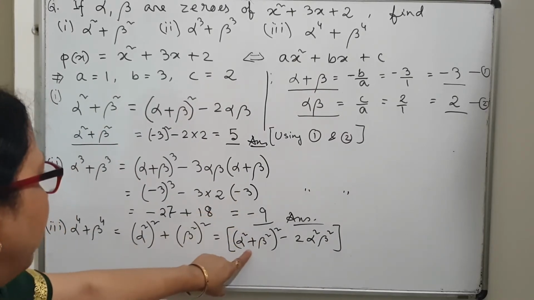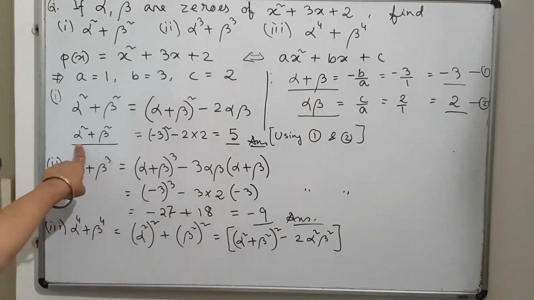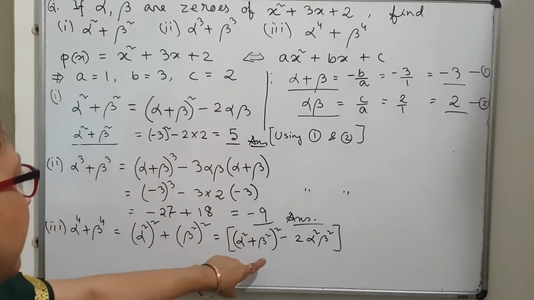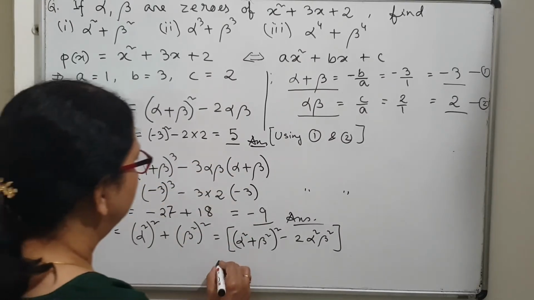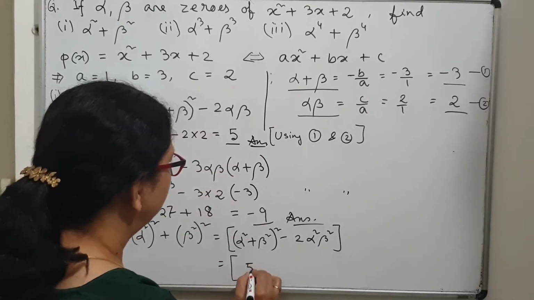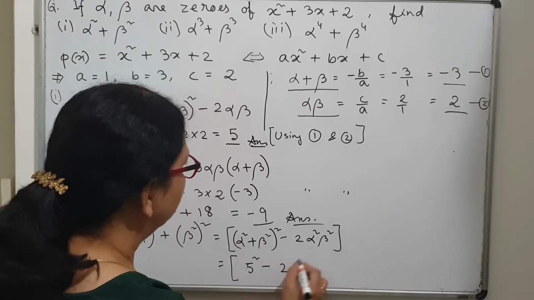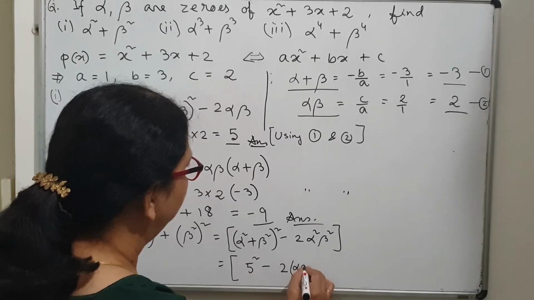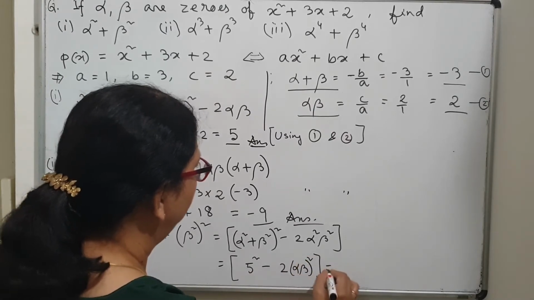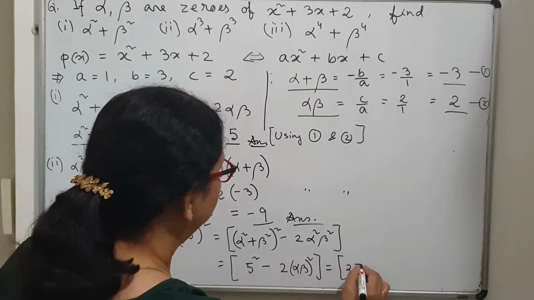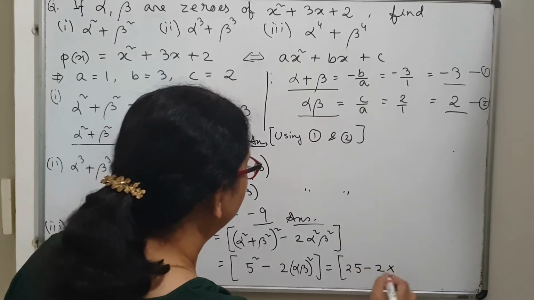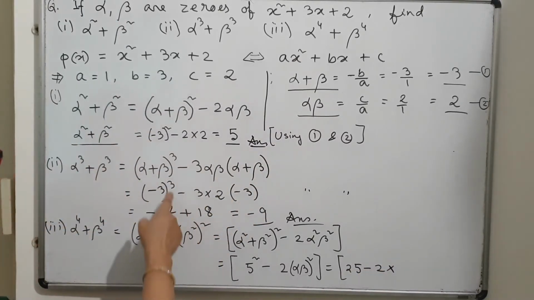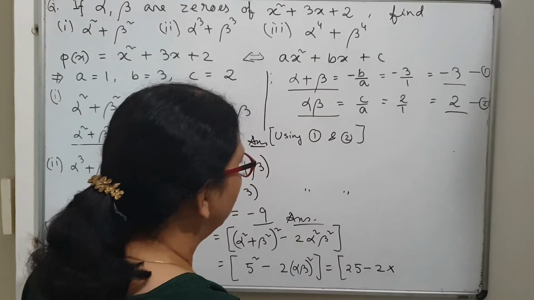Now alpha square plus beta square, I already know the value from the first part, that is 5. So I can directly put it here. 5 square minus 2, this is alpha beta whole square actually. 25 minus 2 into alpha beta, which is 2, that is 2 square.